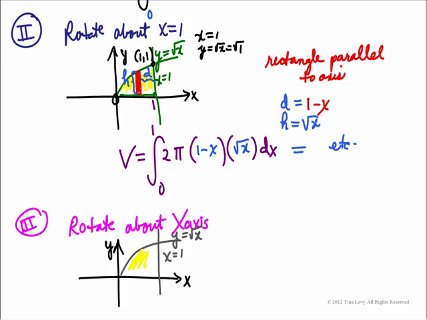We've got our shaded region. Only now our typical rectangle is parallel to the x-axis, so it is horizontal. So our typical rectangle looks like this.